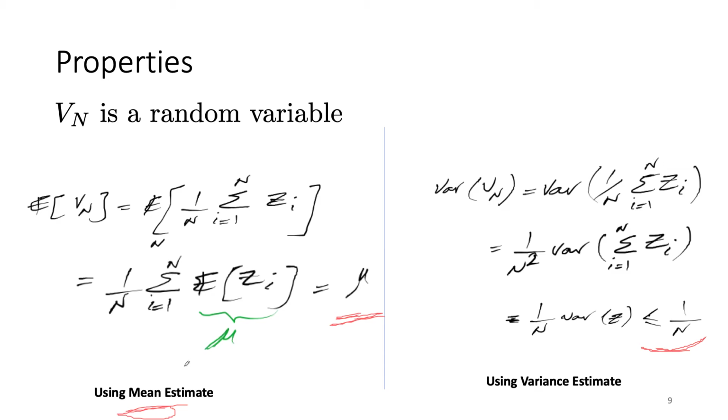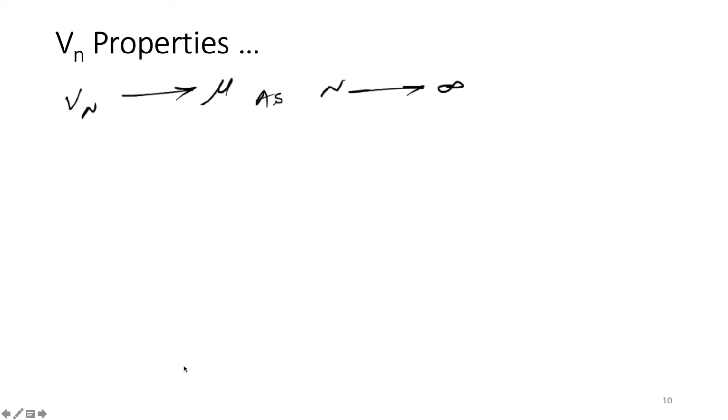All right, let's see other properties. As you correctly mentioned, when V of n is approaching mu, it's as if we had drawn many samples, right? So the more we go, the higher n is, we can see that Vn is going to approach mu. All right.